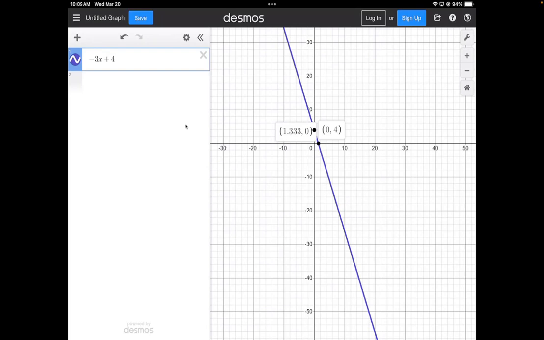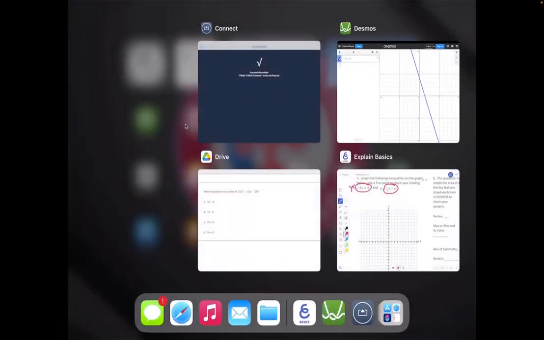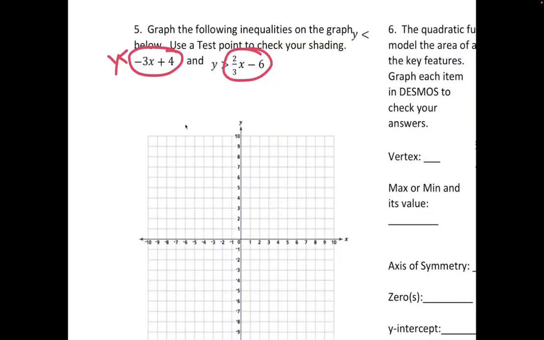That's an ugly, ugly point. I have another one. Let's see if I can find another nice point. Oh, here's a nice one. Negative 1, positive 7. So I'm going to come back over here. Negative 1, positive 7. And my other one was 0, 4.